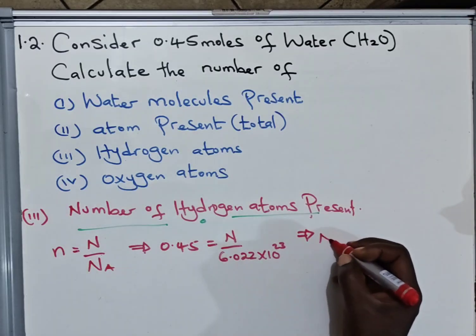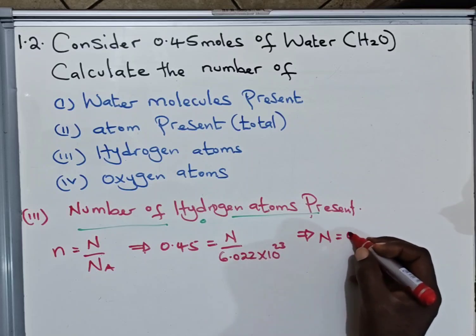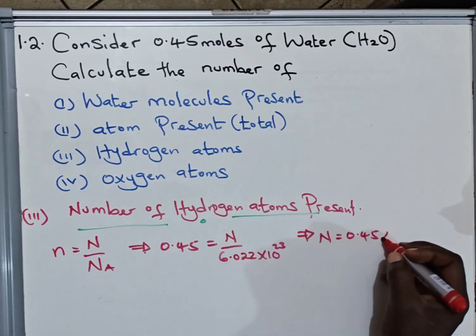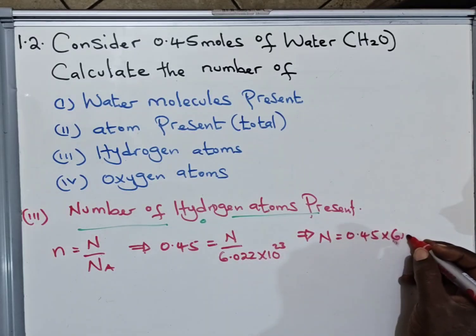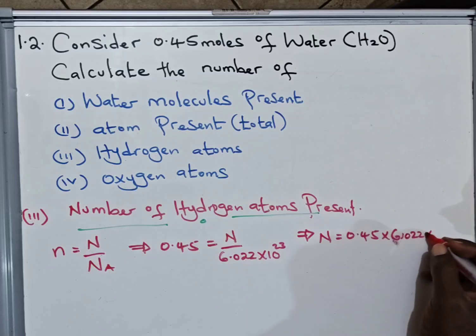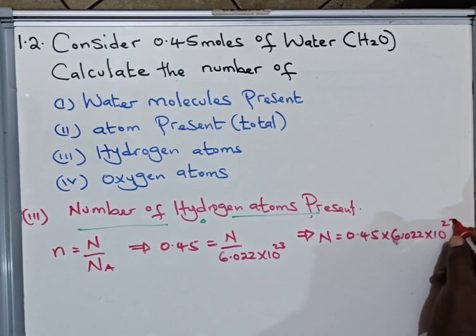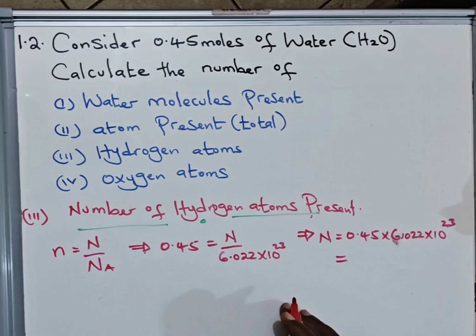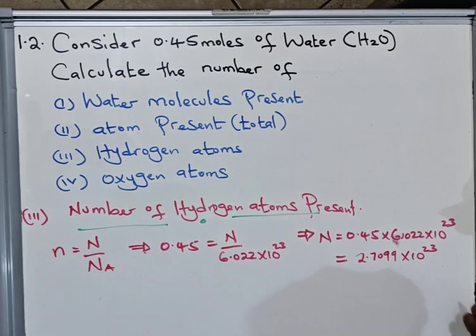After cross multiplying, we are going to get our N as 0.45 times 6.022 times 10 power 23, giving you this.